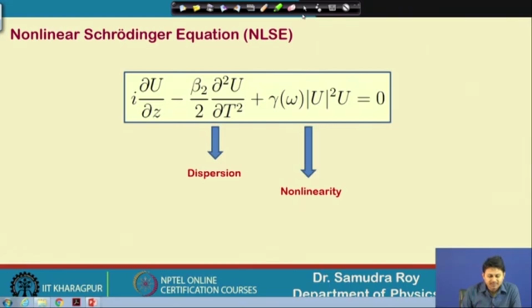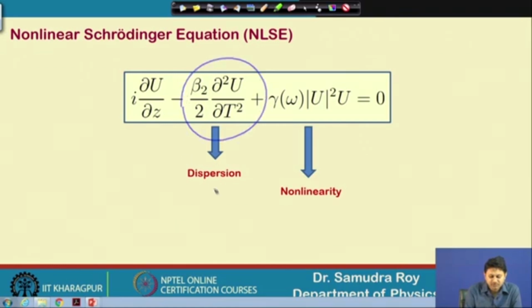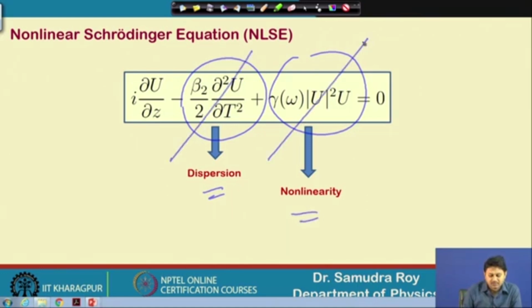So, in optics, the second term gives us dispersion, and the third term gives us nonlinearity. If these two terms somehow counterbalance each other, then we have an equation that is simply this.